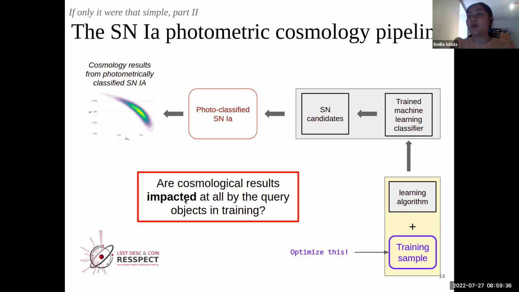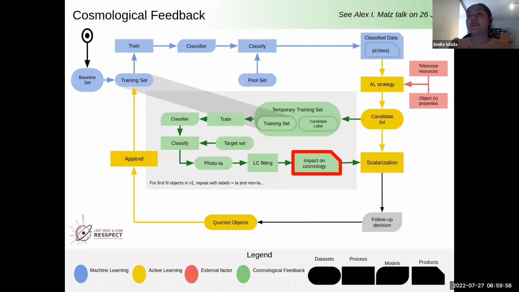And the question that we want to ask now is, every time that I change one or a batch of objects in this training sample, does that impact my cosmological results or not? Because if I added 100 spectra in this training sample and my cosmological results didn't change at all, you probably don't need those spectra. So this is what the RESSPECT project is built around.